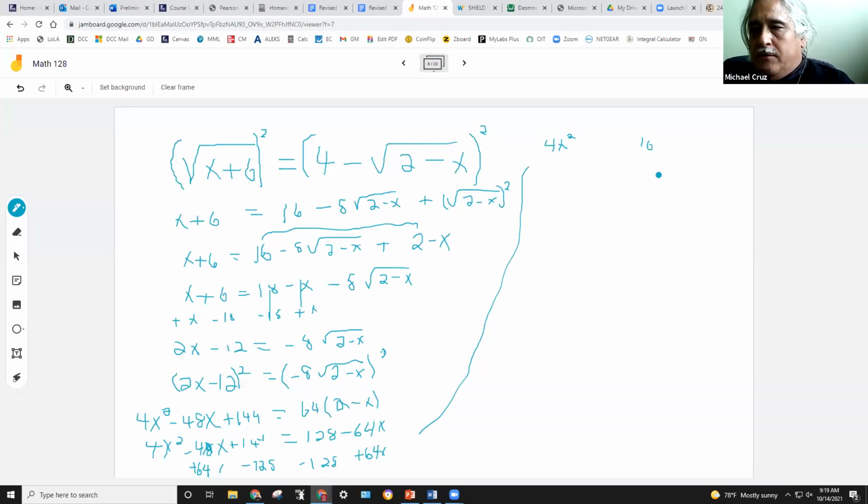So that's positive 16 as well, with 16x. And as I said, you can still see there's a common factor of 4 there. So you could easily do that to solve this.